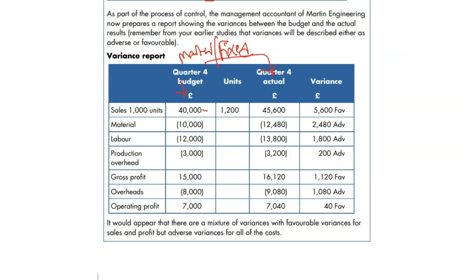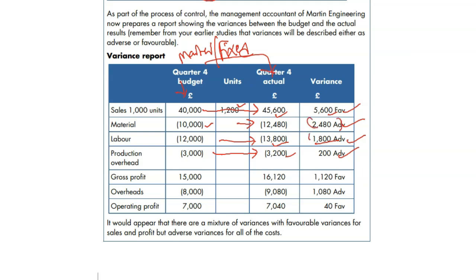Sales, we thought 40,000 we're going to sell, but we sold more, 5,600. We call it favorable. Material, 10,000, but it cost you more. Obviously, you're producing more units, so it should cost you more. Because it is costing us more, we said it is adverse. Then labor, it is costing more by 1,800, adverse. Production overhead, 3,000 is budgeted, but 3,200 is the actual, 200 adverse.